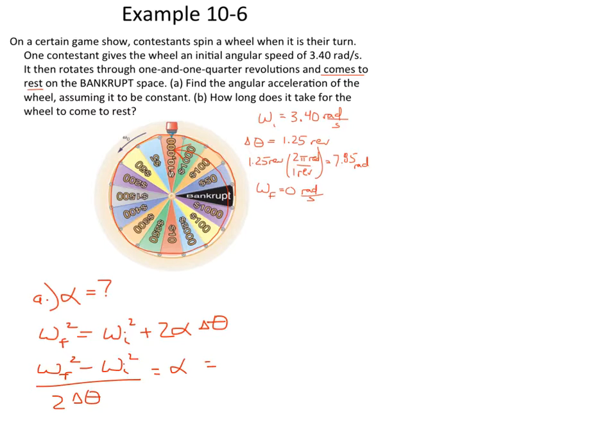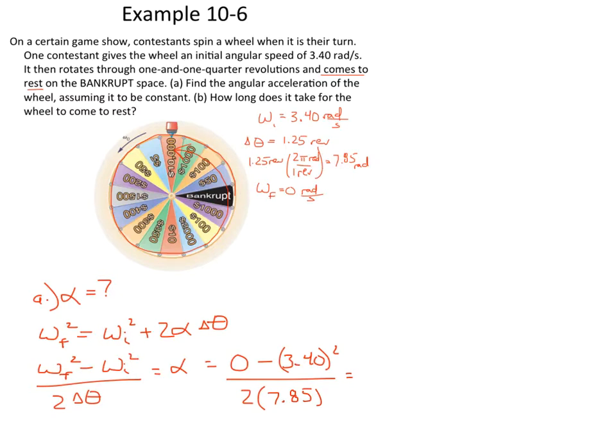Our final is 0, that's easy, minus our initial angular velocity, 3.40 squared, divided by 2 times our delta theta. We had it in revolutions, but we converted it to radians, which is the unit we want to use. That's 7.85 radians.